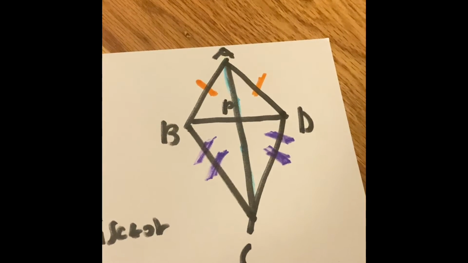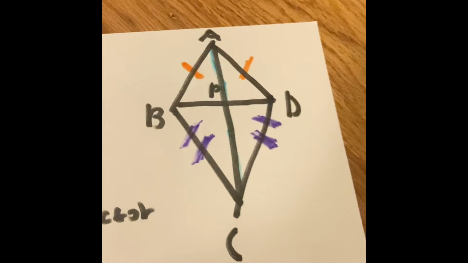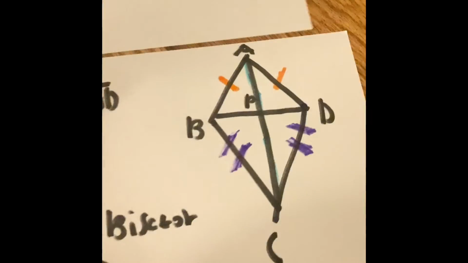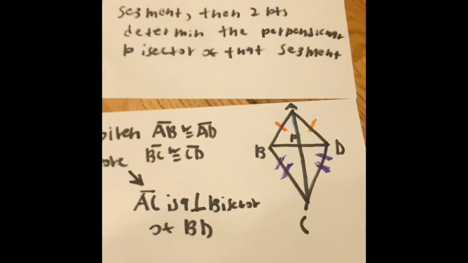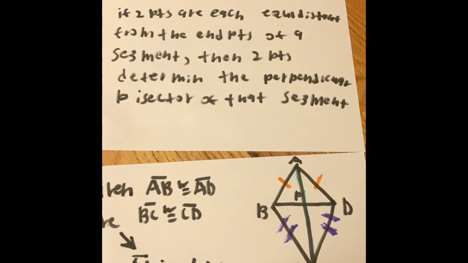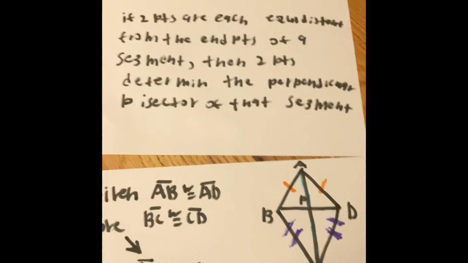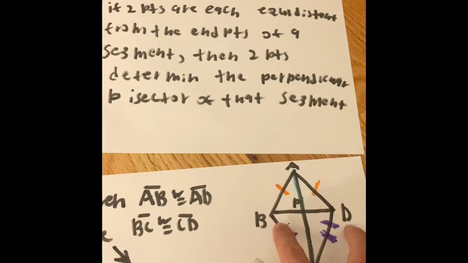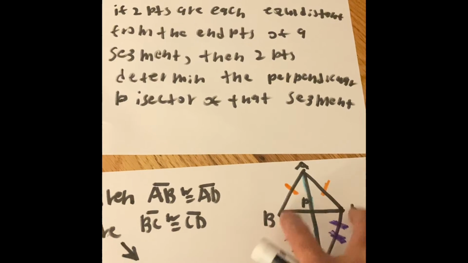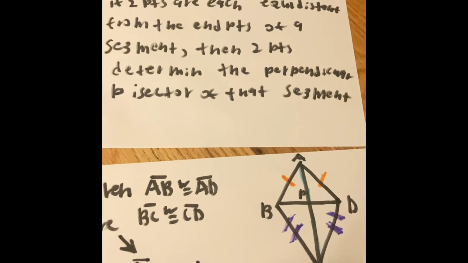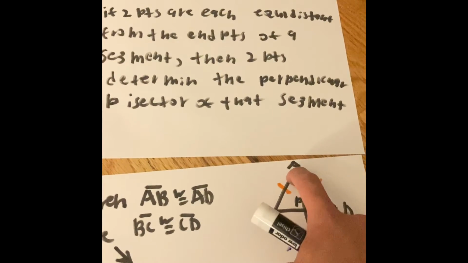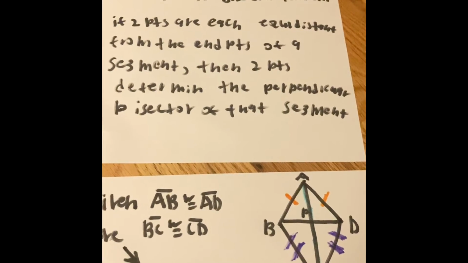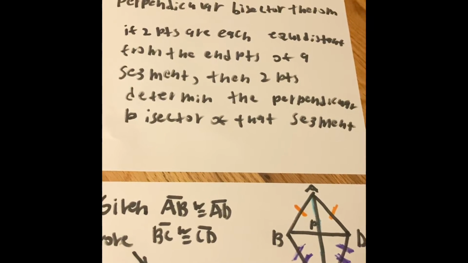well, you've got all the parts already, because let's go back to the problem and reread it, but also identify the picture. We already proved it, but how? If 2 points are each equidistant from the endpoints of a segment, so these two are the endpoints of one segment, and these two are equidistant from that segment, so B and D are equidistant to A. Also, B and D are equidistant to C. Then those 2 points determine the perpendicular bisector of that segment.